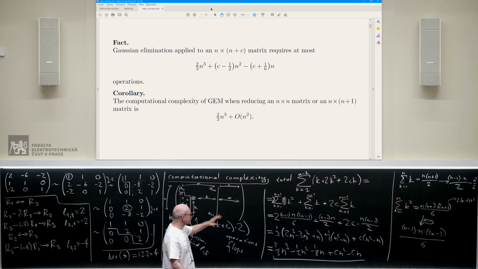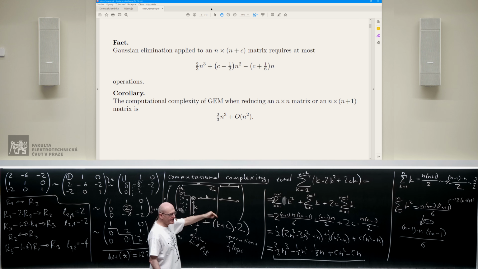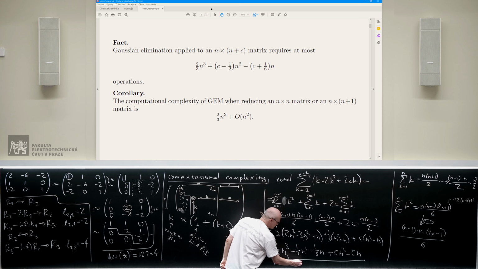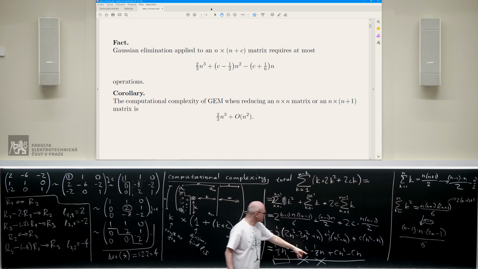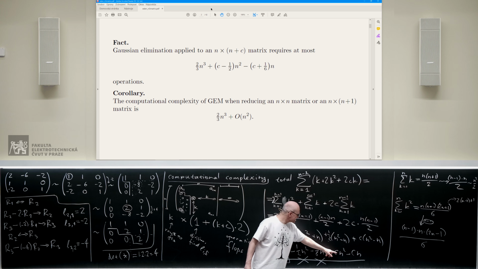Okay, let's talk about it. In numerical analysis, n can be really, really huge. And therefore, when I'm comparing these powers, n cubed is dominant, definitely. And these two terms can be ignored. How about cn squared and so on? Well, n squared is negligible compared to n cubed, but how about this c?